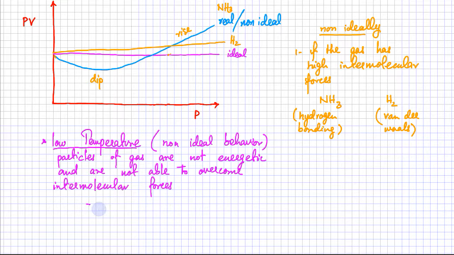So at low temperature, intermolecular forces become more dominant and the deviation from ideal gas behavior increases.